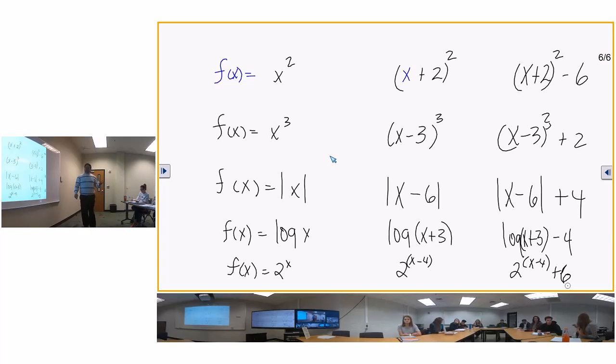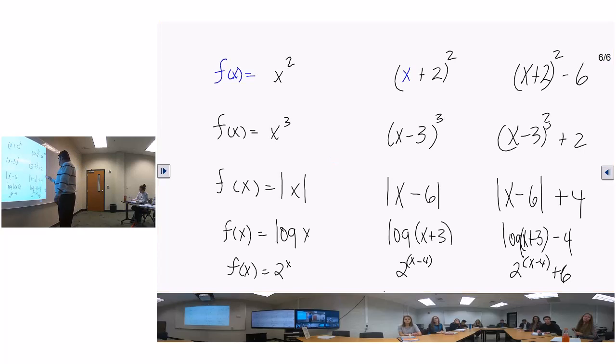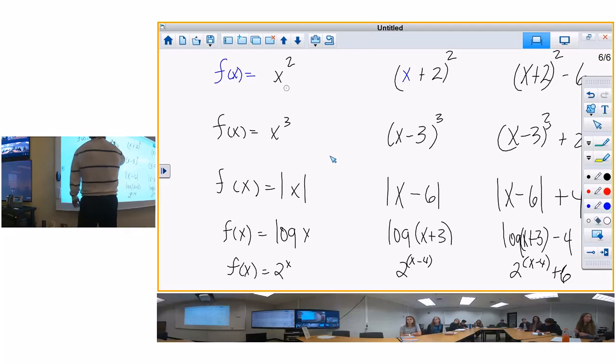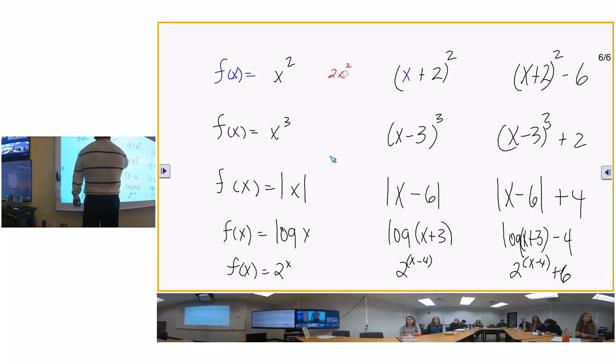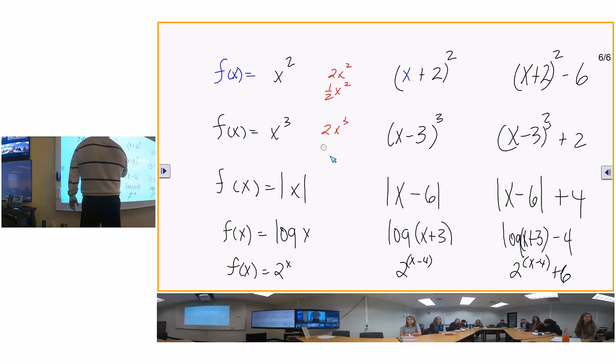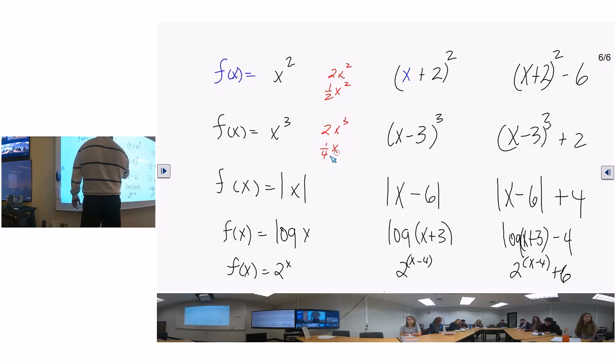There's something else you need to do. Somewhere in your graphing, put a 2 here, so 2 times x squared and 1/2 x squared. Here you need to put in 2 x cubed and 1/4 x cubed.